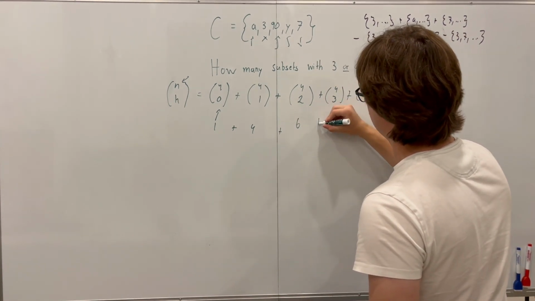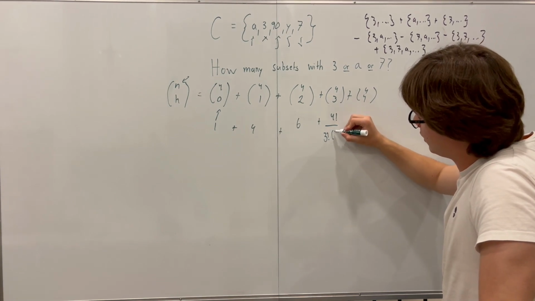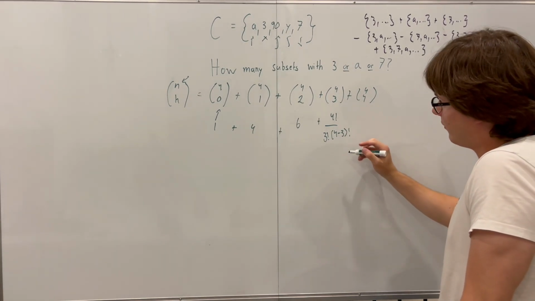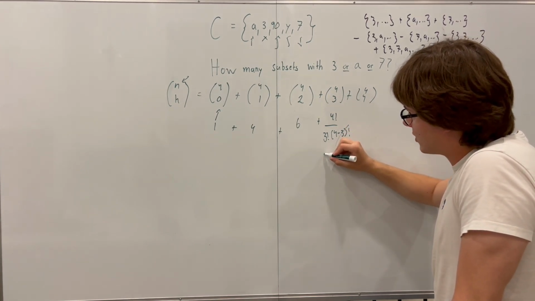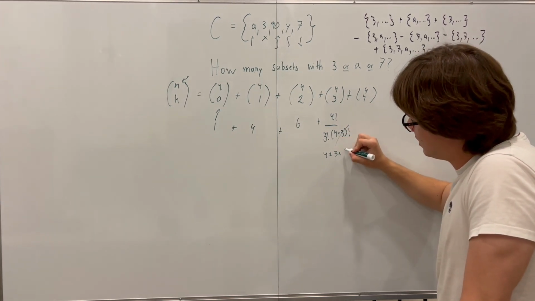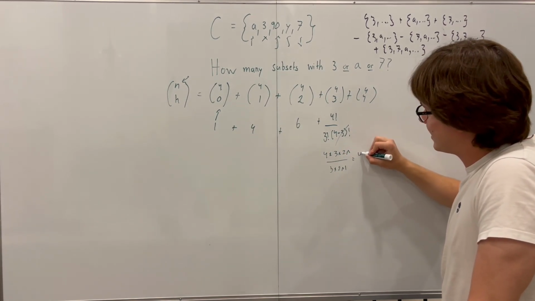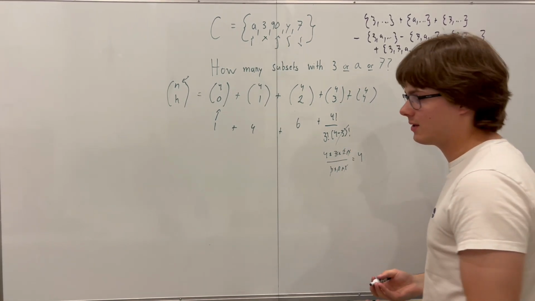so plus 6, plus, well this is going to be a similar story, we're going to have to compute this very quickly, 4 minus 3 factorial. 4 minus 3 is 1, 1 factorial is 1, so we're not really going to look at that. 4 factorial over 3 factorial is just going to be 4 times 3 times 2 times 1 over 3 times 2 times 1, which is just going to be 4, right? Because the 1's cancel, the 2's cancel, the 3's cancel, you're really just left with a 4.